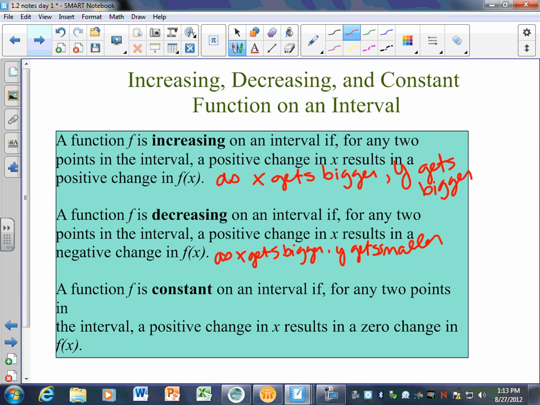A parabola is a great example of this. If I was walking on this graph from left to right, it would be like I was walking up the graph.